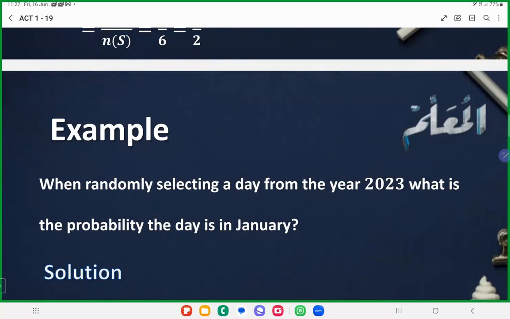For dependent events, do you add or multiply? Dependent events means without replacement, so you multiply, but with the removing of.